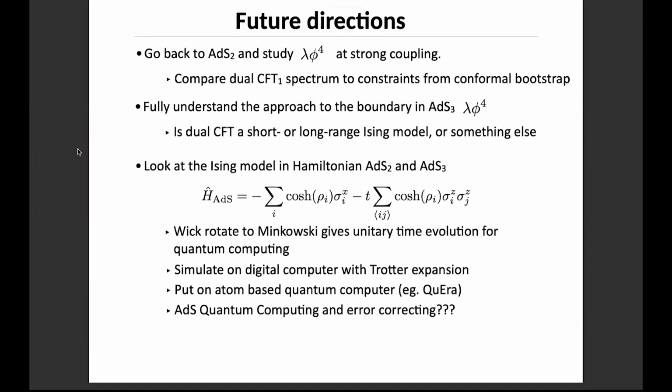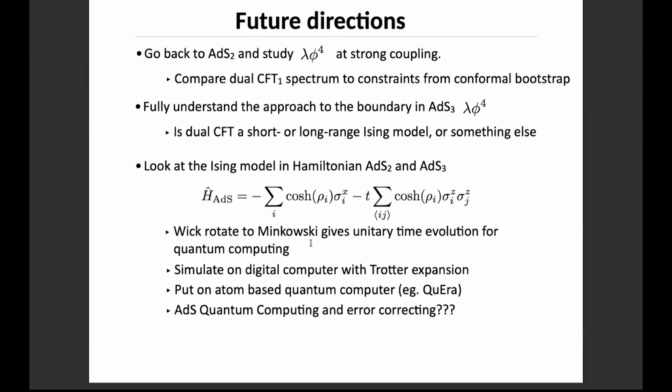So what you can do is you could go back and look at the Hamiltonian version here, right? Then you could just Wick rotate, so you could just add an i essentially. So we could look at unitary time evolution for quantum computing. Basically, we could stick this on a quantum computer, right? So we have this Hamiltonian.